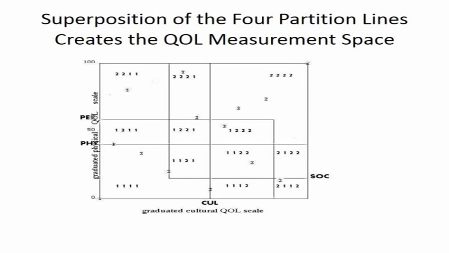Superposition of the 4 partition lines creates a two-dimensional measurement space that you see in front of you. It defines 4 intervals on the x-coordinate scale and 4 intervals on the y-coordinate scale. And we now need a new name for each scale.